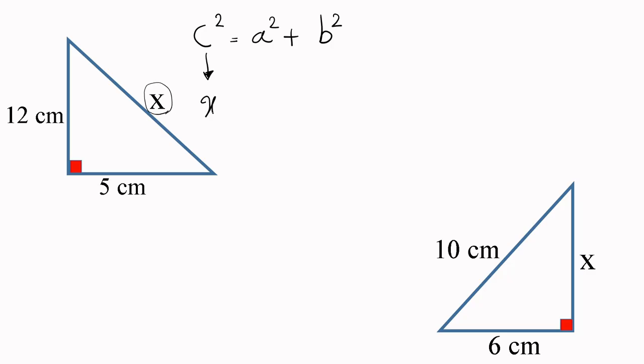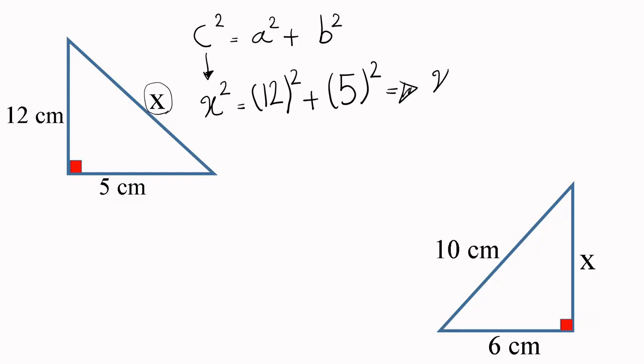I'm gonna replace that with x squared is equal to, which one is A? Which one of the legs is A? It does not matter. Okay, you can assume here 12 centimeter is the A or 5 centimeter is the A. It is totally up to you. Here I prefer to assume that 12 centimeter is representing the A and 5 centimeters is B. If I simplify that, what am I going to have?